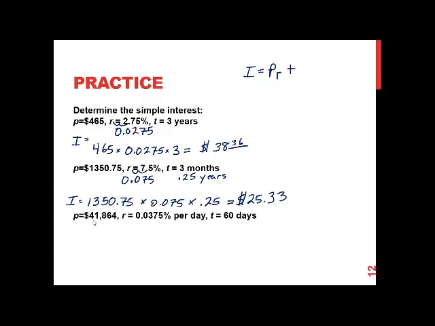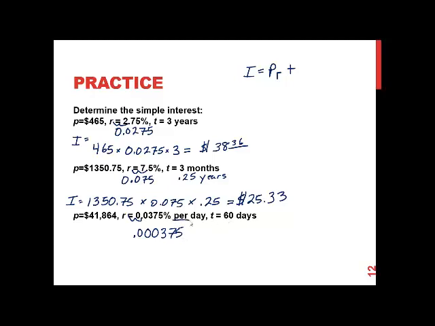Let's see. Last one. P equals $41,864. The rate is 0.0375% per day. This is an ugly number, and it's going to get even uglier because we need to turn that into a decimal. So it's going to be 0.000375.